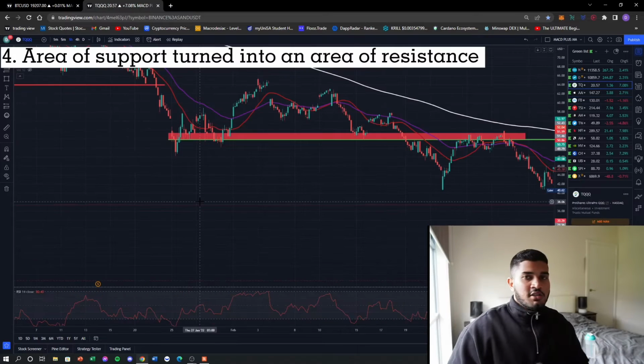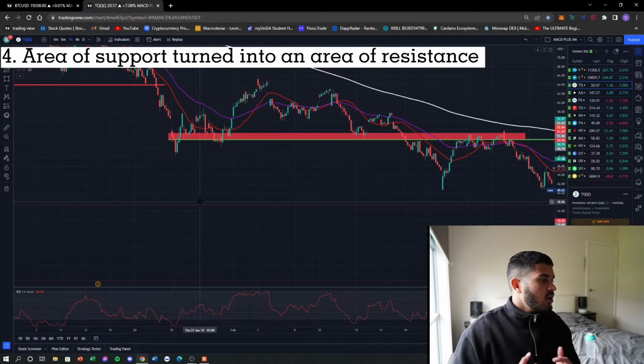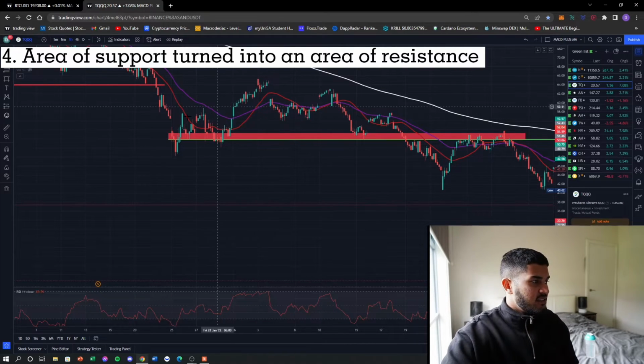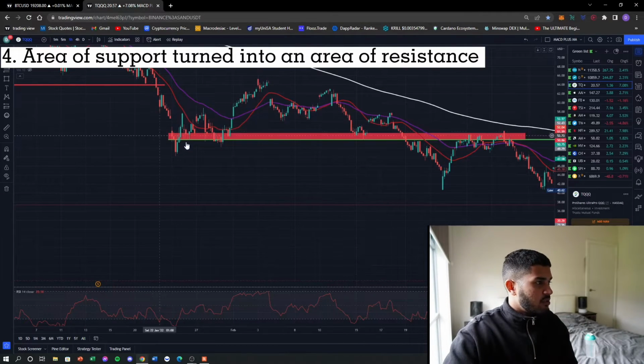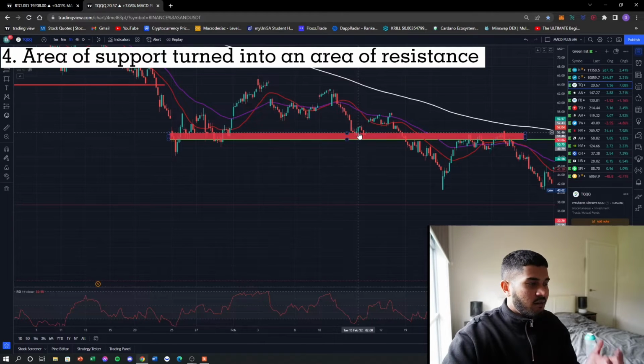On the flip side is support turning into resistance. What we can clearly see here is this area has acted as a support level from here until here. The price rallied up, fell back down to that area of support, a buyer stepped in, price rose, fell back down again, buyer stepped in, and then it rose.